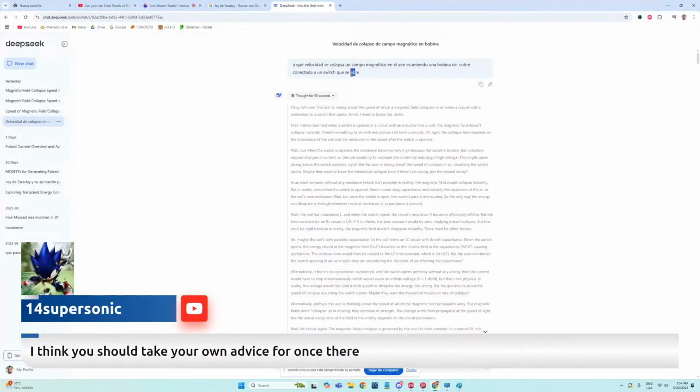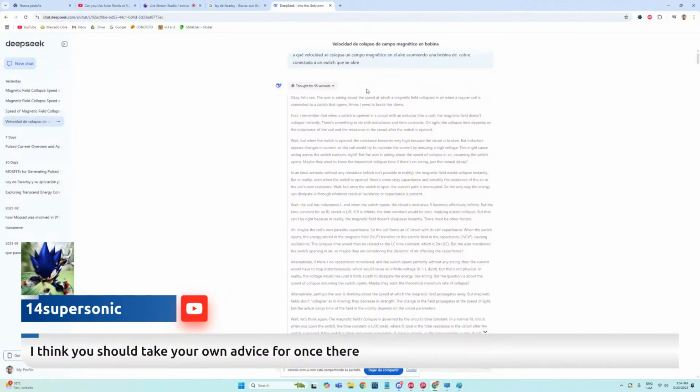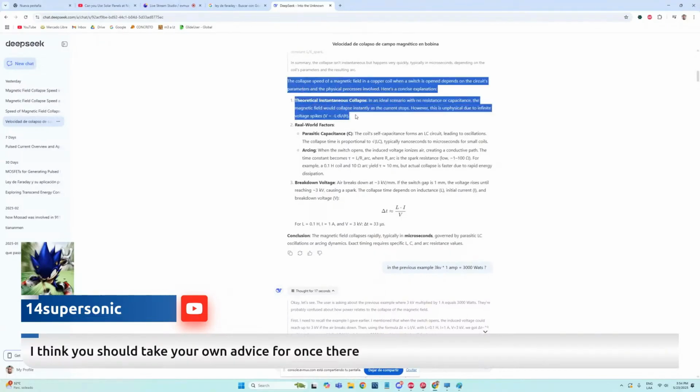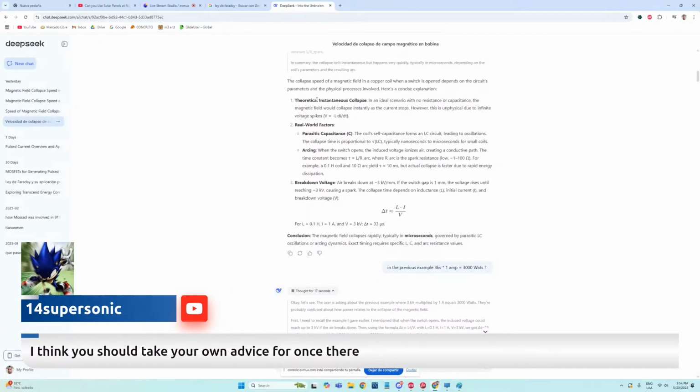So right here, I'm asking, at what speed is the magnetic field going to collapse, assuming there is a copper coil connected to a switch that is opening. That's my question. And this is the theoretical analysis. Theoretical instantaneous collapse: in an ideal scenario with no resistance or capacitance, the magnetic field will collapse instantly as the current stops.